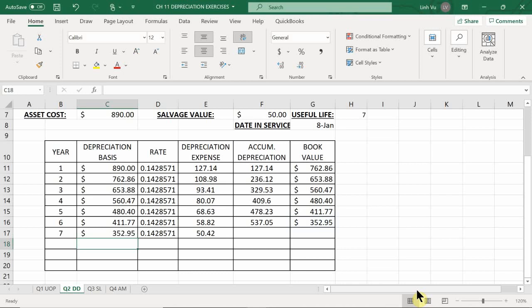So then it gives me a total of $50.42 for my expense, which then again gives me an accumulated depreciation of $587.47, which brings my book value down to $302.53. Now notice this.